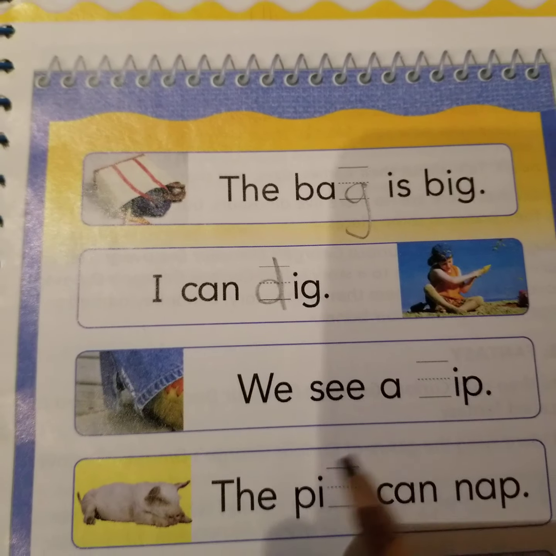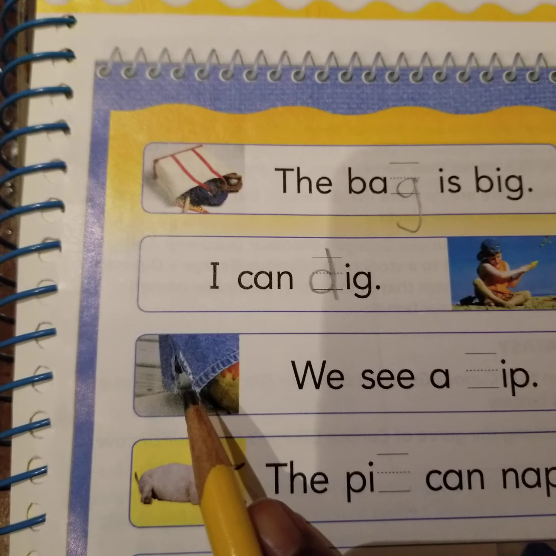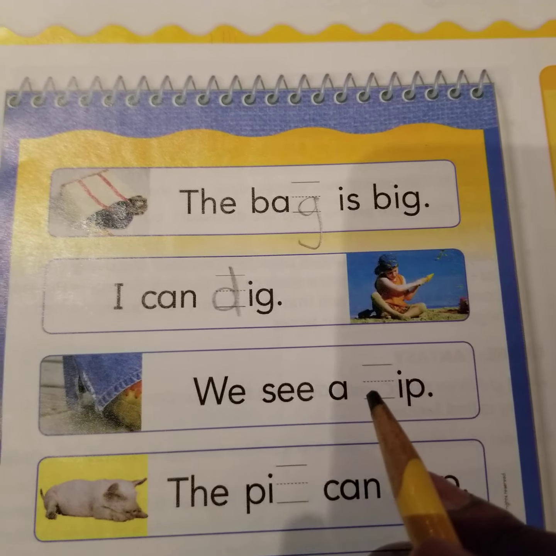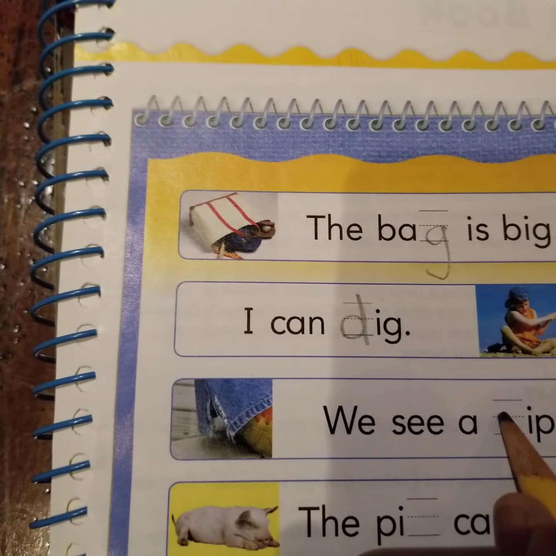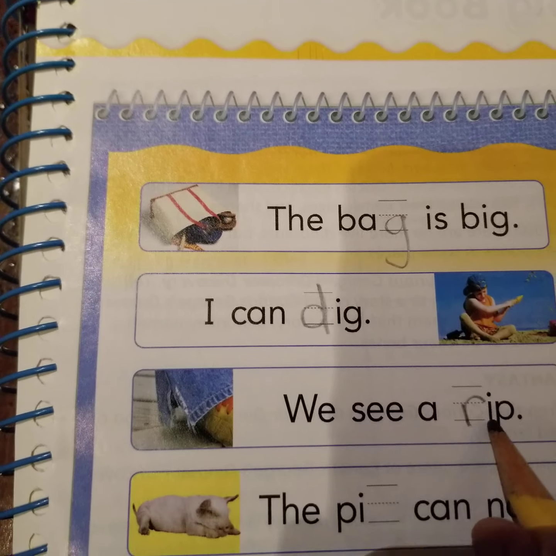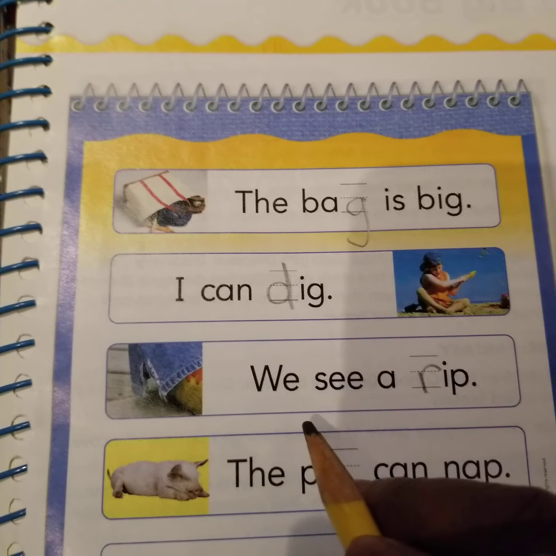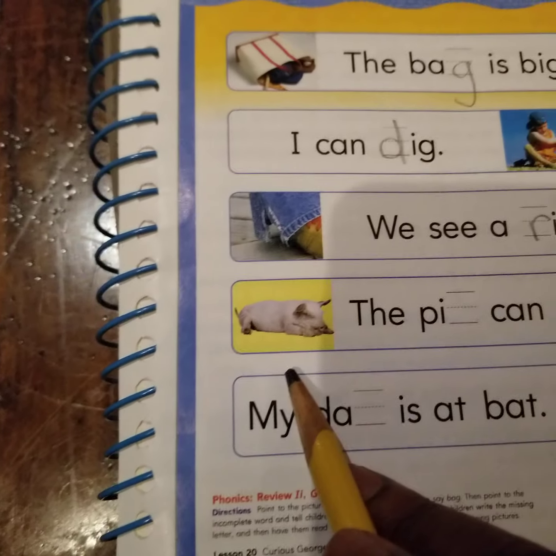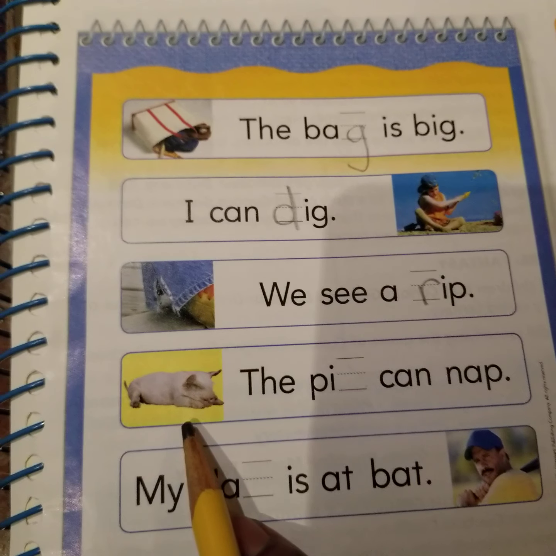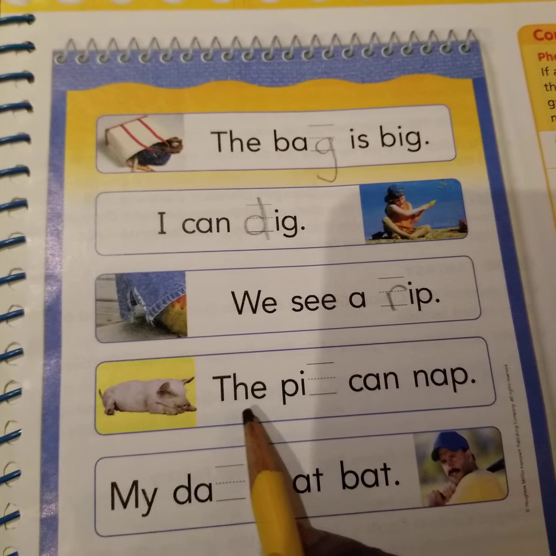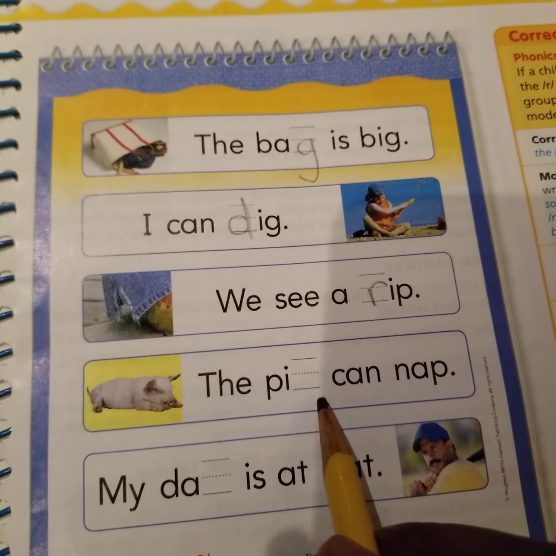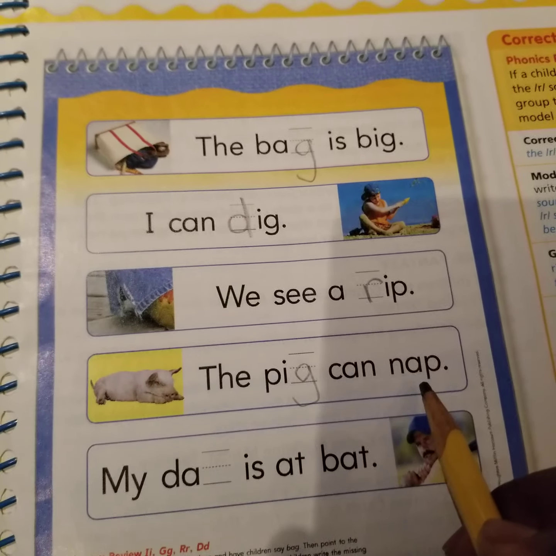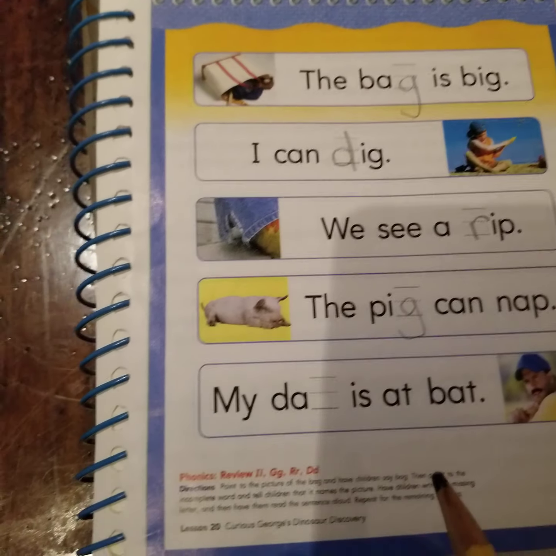What do we see there? A rip. So what letter should go here? Good sound. Good job. R. Rip. A rip. We see a rip. This picture, of course, we know what that is really quick. And we see the pig. Pig can nap. Nice job.